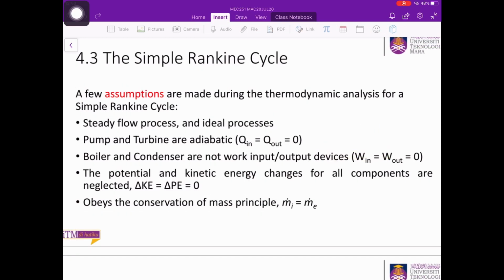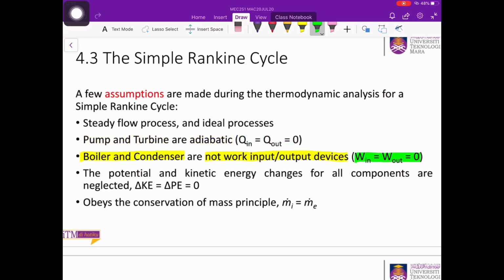A few assumptions will be made during the thermodynamic analysis for a simple Rankine cycle. They are steady flow process and ideal process. The pump and turbine are adiabatic, therefore the heat transfer term will be neglected.